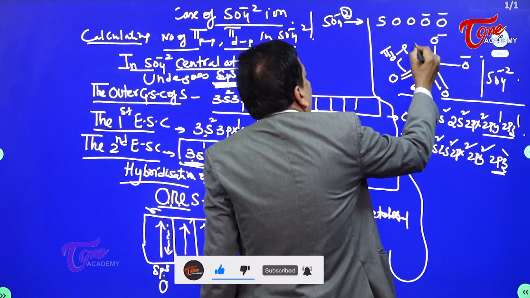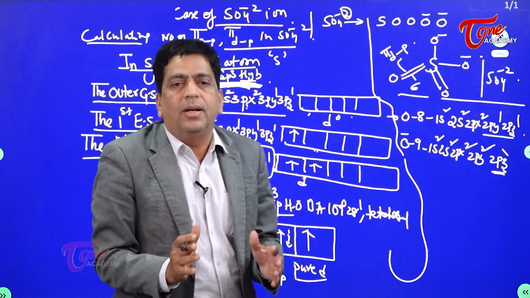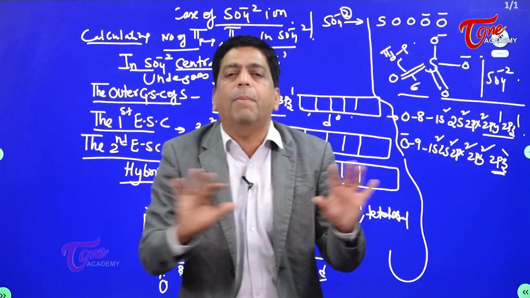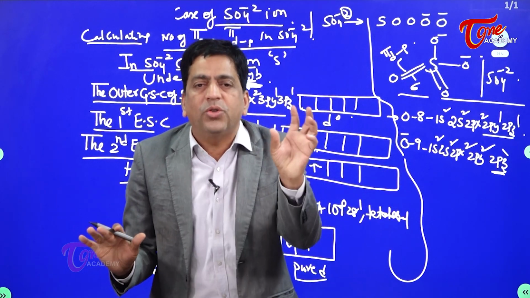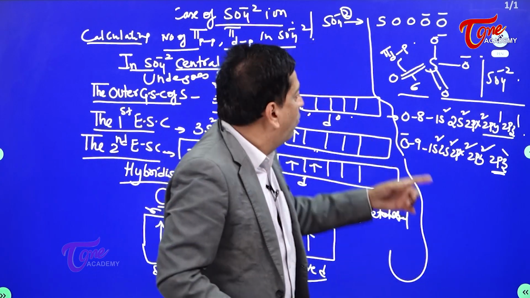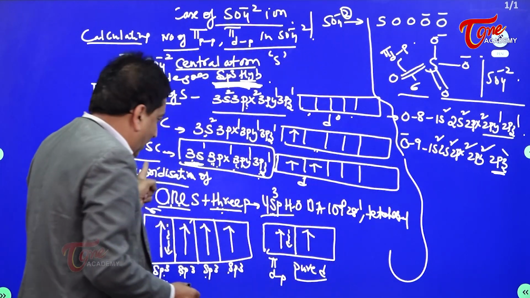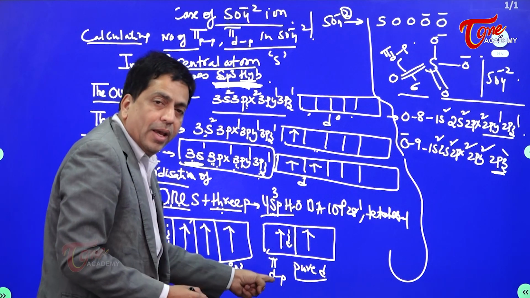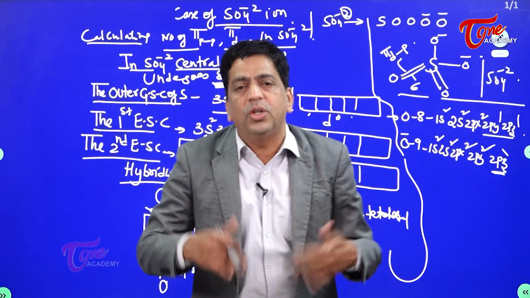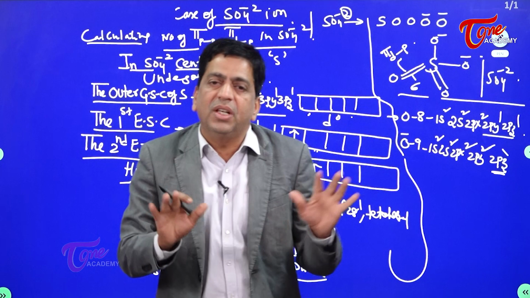The result of d and p: p of oxygen, d of sulfur, both are pure. So one oxygen came with full, formed one sigma and one pi. Similarly, get one more oxygen. It comes in full.